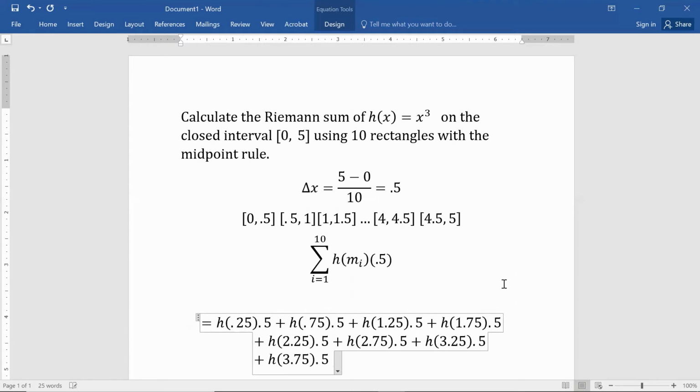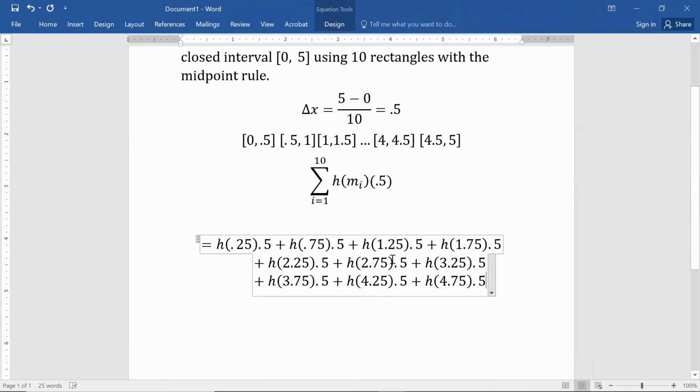I continue to write. You can see that there's quite a few rectangles that I have to find the area of, 10 to be precise. Each one of them has a width of 0.5 using the midpoint rule.